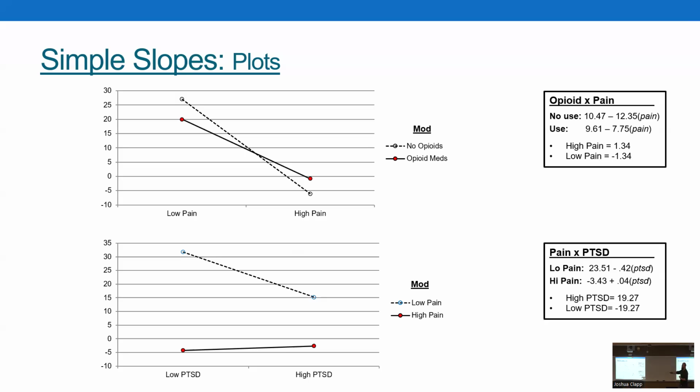So again, what we're doing is focusing on the association and not on the levels, right? And this is where we start getting turned around. Because I might say, well, for people with high levels of pain, people with opiates are functioning better than those without opiates. And for low levels of pain, people who are not using opiates are functioning better, and that's not the way to go, right?